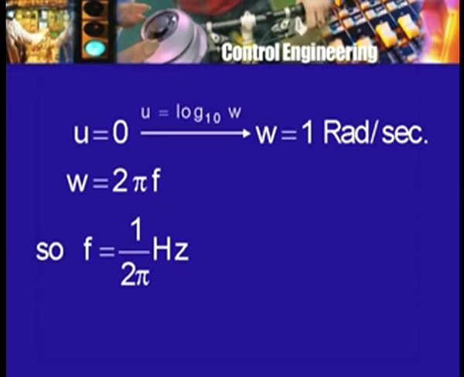Now, you have to keep in mind that u equal to 0 is not 0 frequency, because u is what? U is log to the base 10 of omega. So, u equal to 0 corresponds to omega equal to 1.